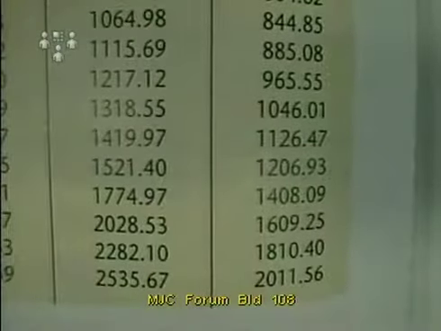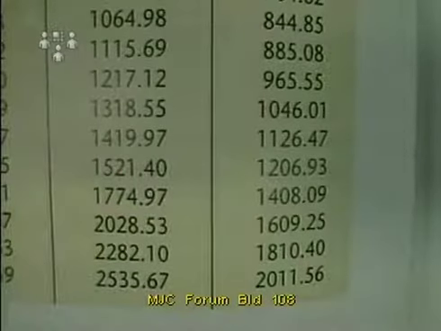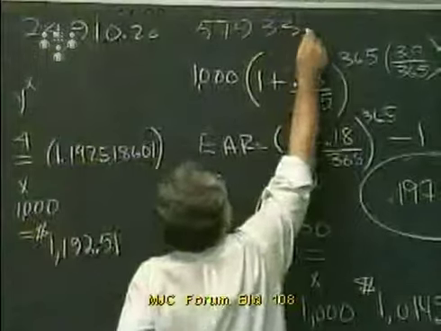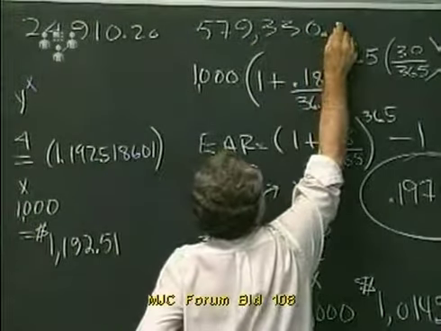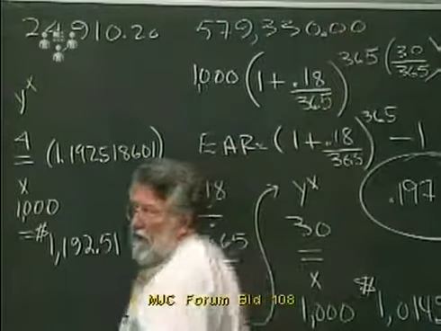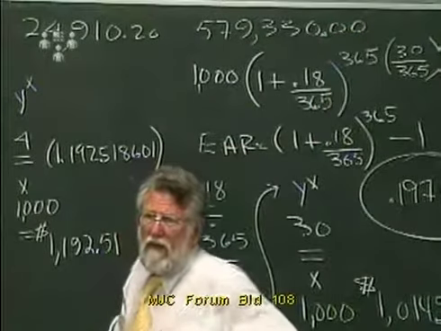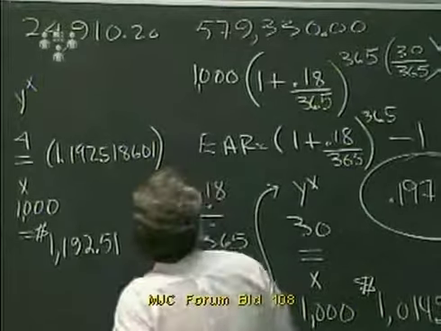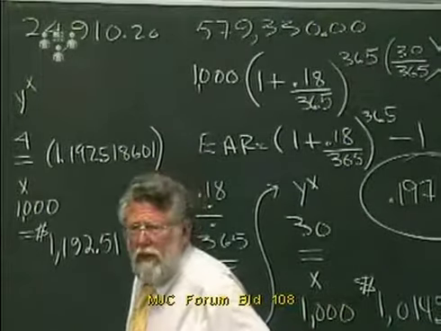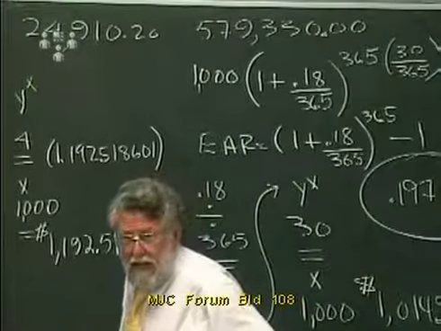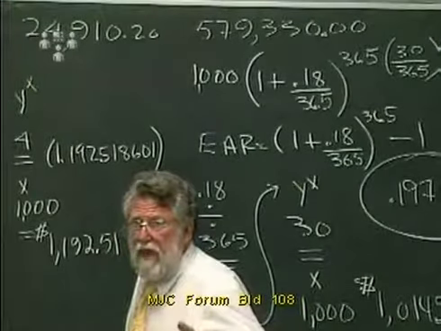So we have $579,330. So that house is running you $579,330. You only paid $200,000 for it, so it's run you $379,000 to buy it above the purchase price.